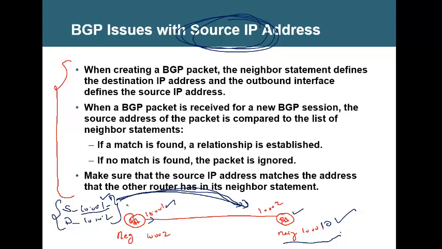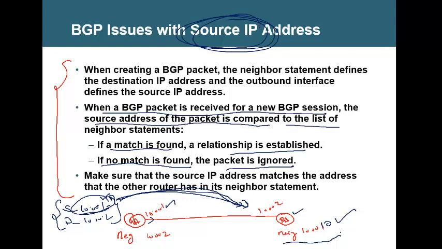You see? If a match is not found, the packet is ignored. If a match is found, the relationship is established. When the packet is received for a new BGP session, the source address of the packet is compared to the list of neighbor statements. See, here is the neighbor statement. B is comparing it with the neighbor statement. But the neighbor statement does not have 10.0.0.1, which is seen in the source of the incoming packet.